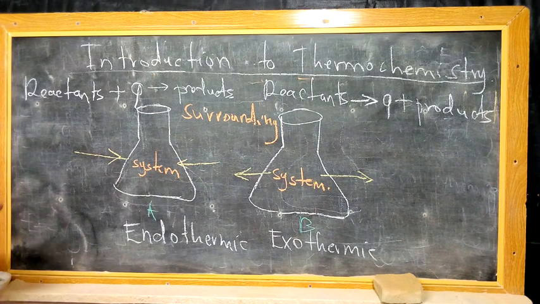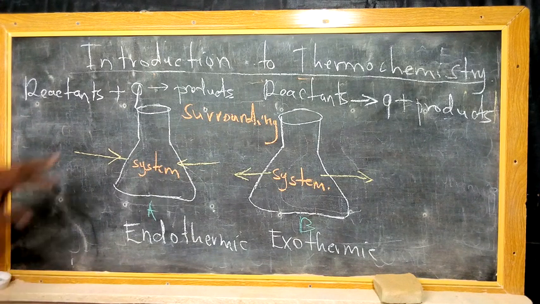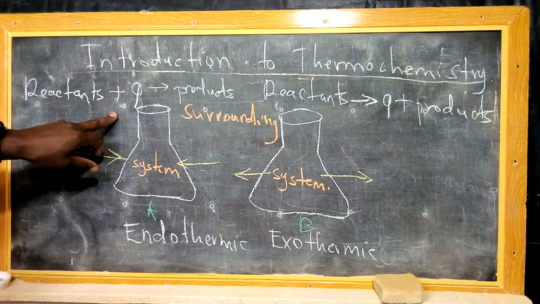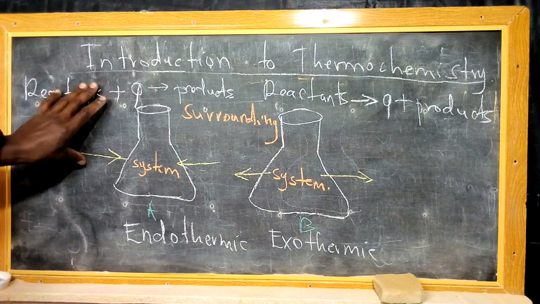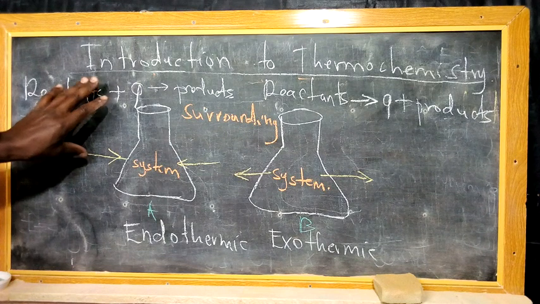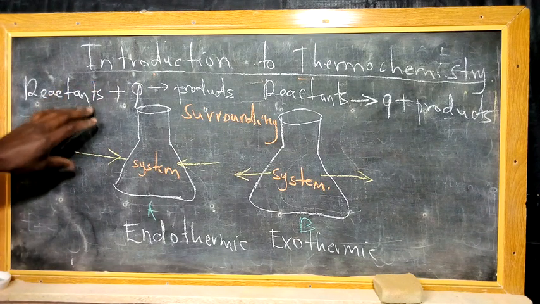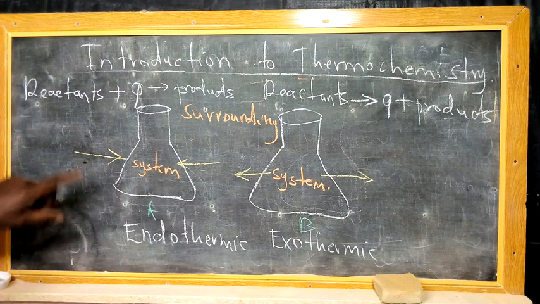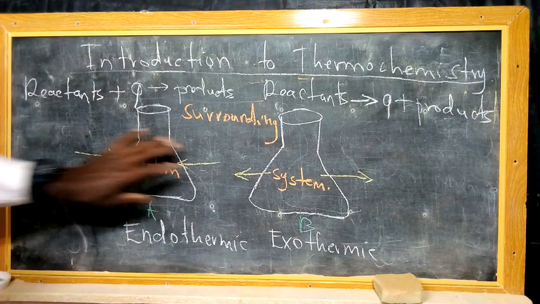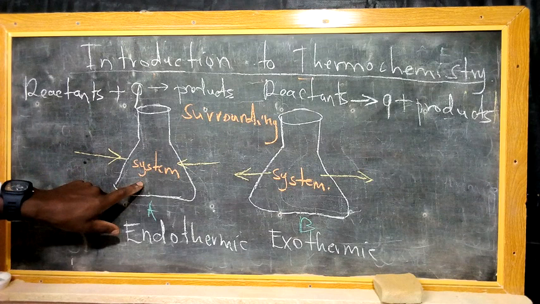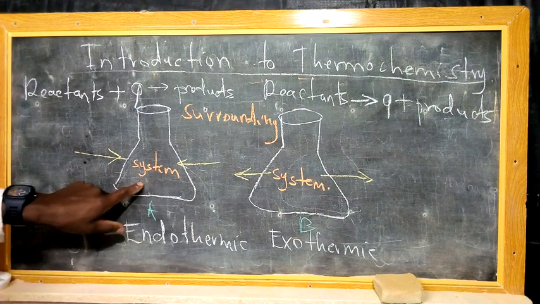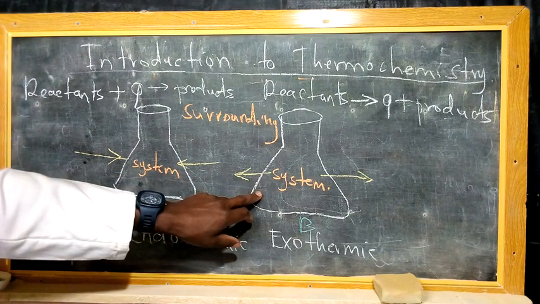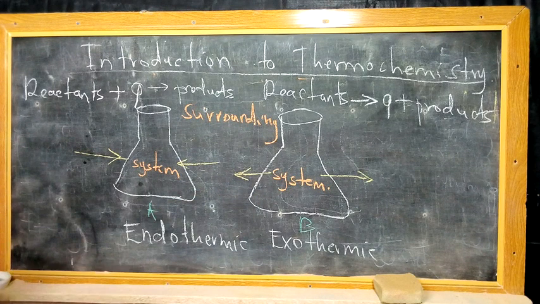So as we have demonstrated this, when heat is taken into the system, we consider the temperature of the surrounding as decreasing because heat is taken away from the surrounding, and the temperature of the system increasing in scenario 2.